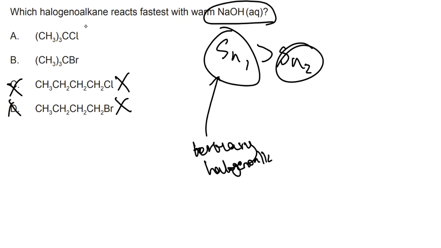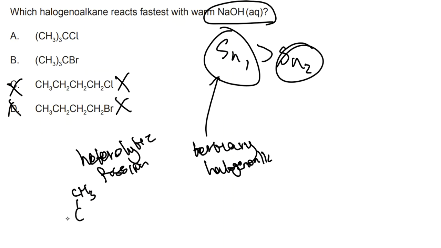And next we have bromine and chlorine. Remember, in the SN1 mechanism, we have a heterolytic fission reaction. So we have carbon, CH3, CH3, CH3. I'm just drawing out option A. Actually, no, let's do option B. Bromine.